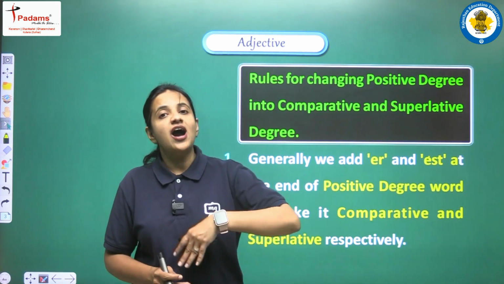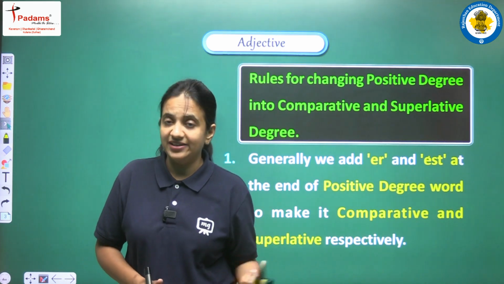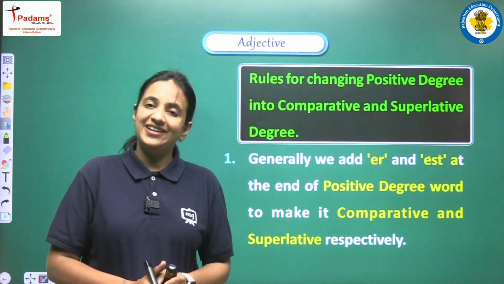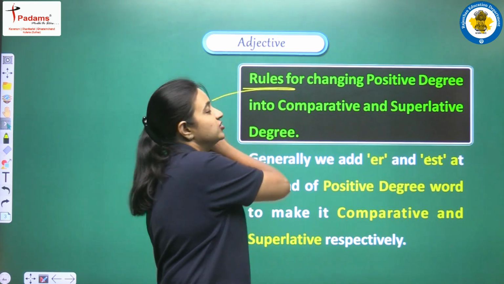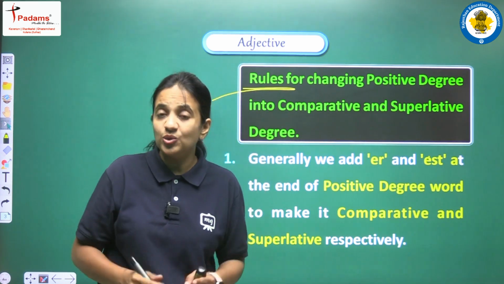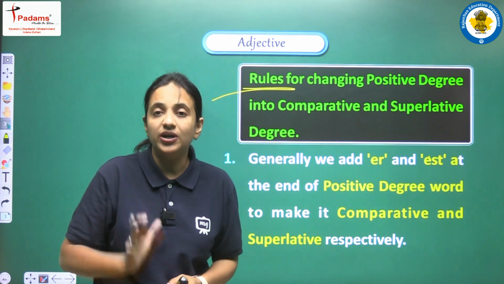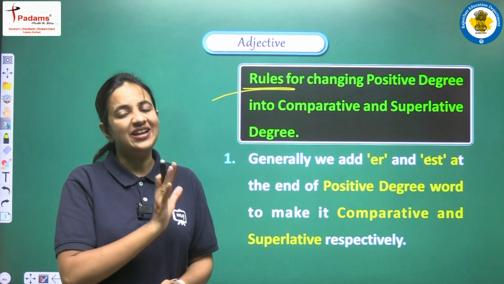So how can we convert that positive degree word into comparative and superlative degree? This may be your question, and in today's video we have certain rules. We will discuss all the rules for converting a positive degree word into comparative and superlative degree.